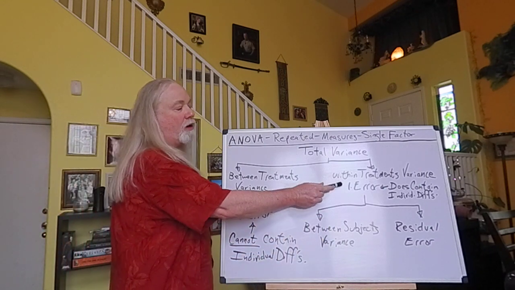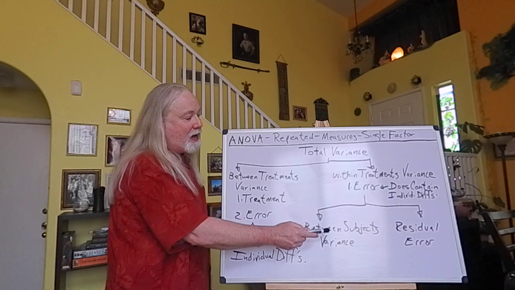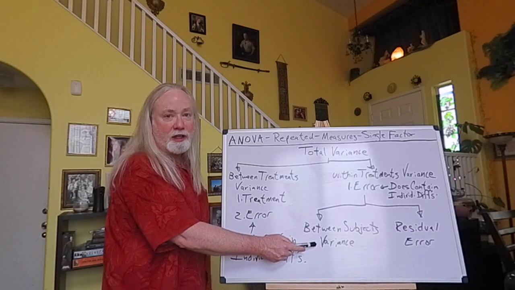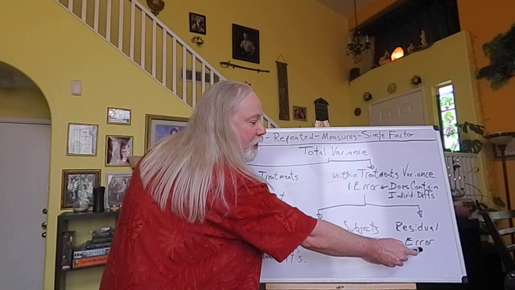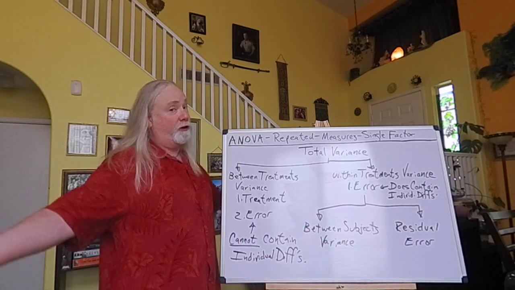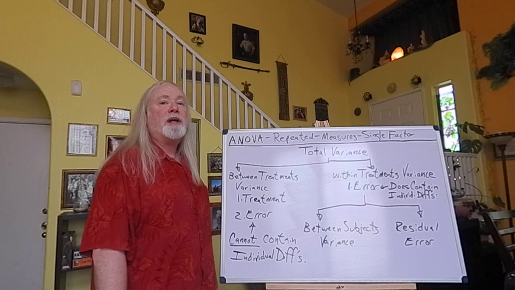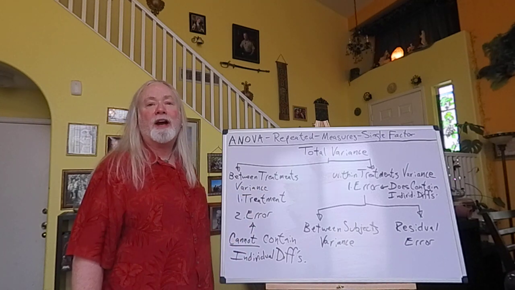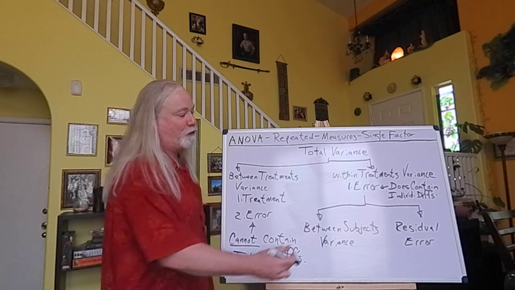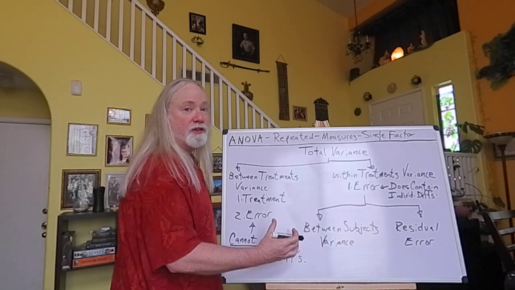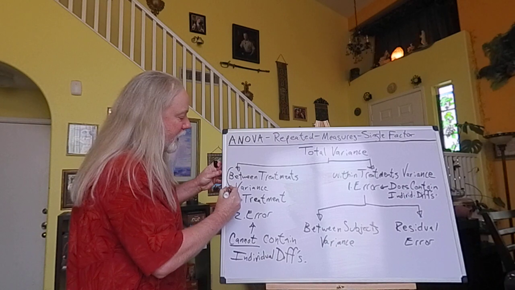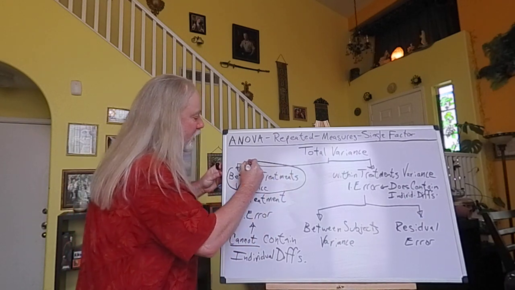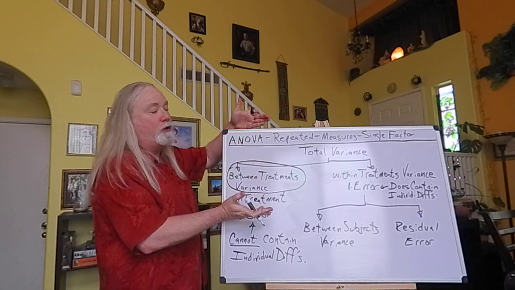So we're going to take all the error, calculate the between subjects variance, the individual differences, and subtract it out. And then what we're left with is the error free of individual differences. Sometimes you can see I wrote it's called residual error. It's the leftover error after we take this individual differences stuff out. So what we end up with is our numerator of our F ratio stays the same, absolutely unchanged.